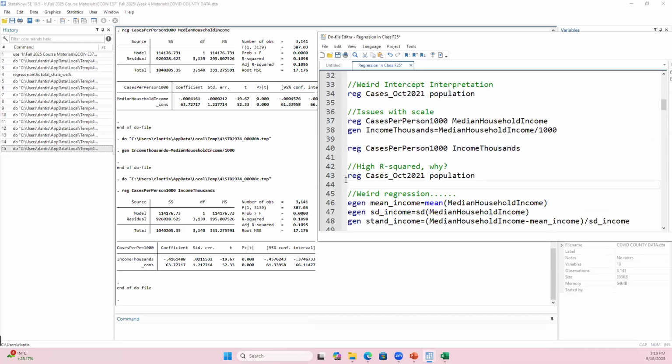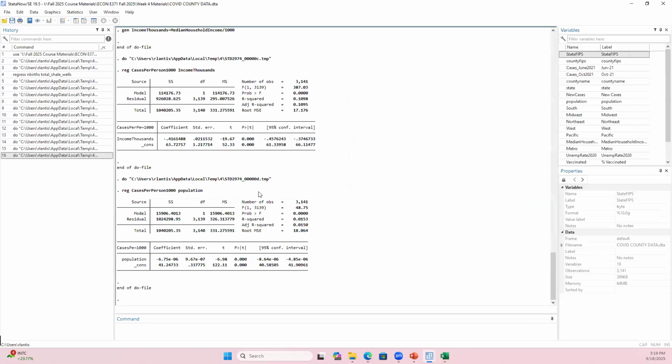In fact, if I were to look at the population and the cases, actually I could probably change this so that we're using the same variable here. Even for the population, I would expect this would have a high R squared. It's really not as high as I would expect.